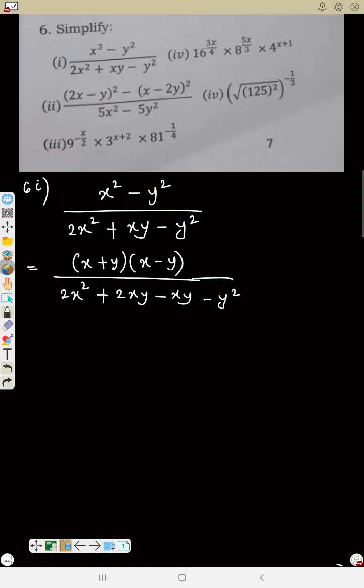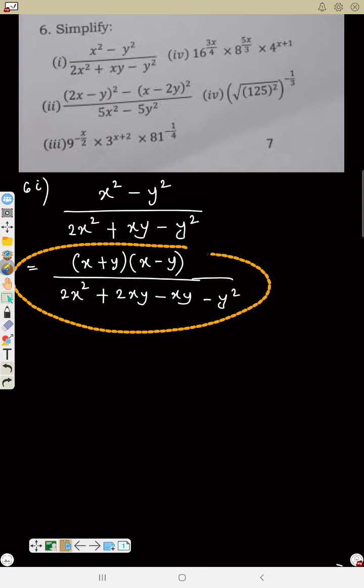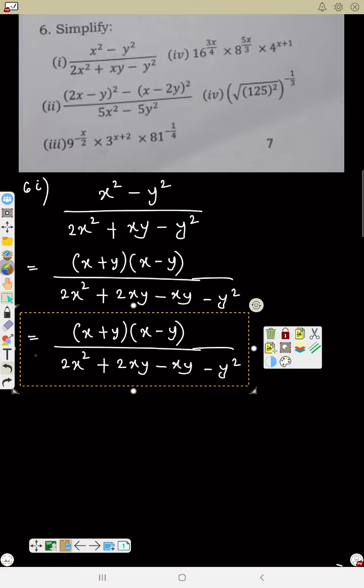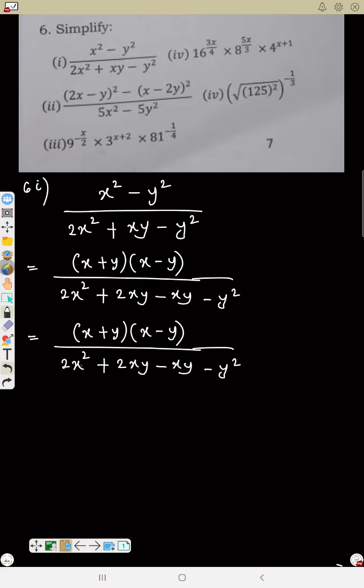So this is the same thing as, I can bracket this to 2. So this sign will change if I put brackets. That is the next step.